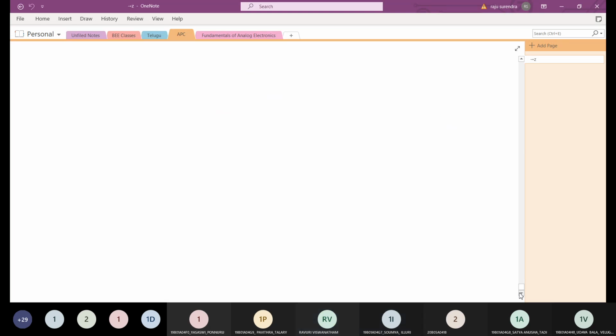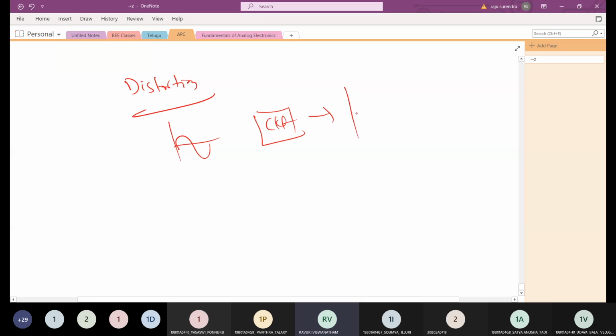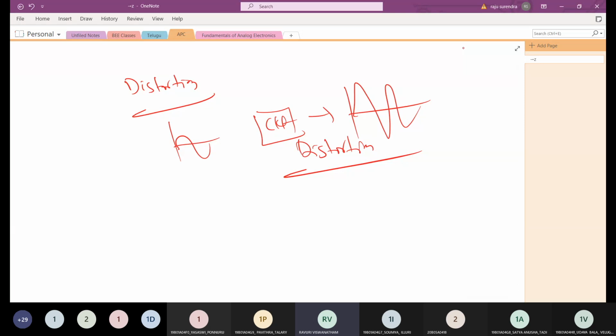So distortion means any change in the input signal, with respect to amplitude or whatever, after the circuit you have applied. That is called distortion, right?